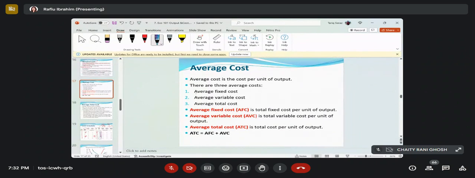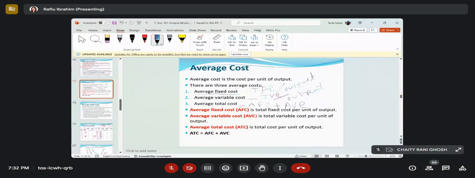Average fixed cost হচ্ছে total fixed cost divided by total output. Average variable cost হচ্ছে total variable cost একটু আগে যেটা দেখলাম divided by output. আর average total cost হচ্ছে average fixed cost plus average variable cost.